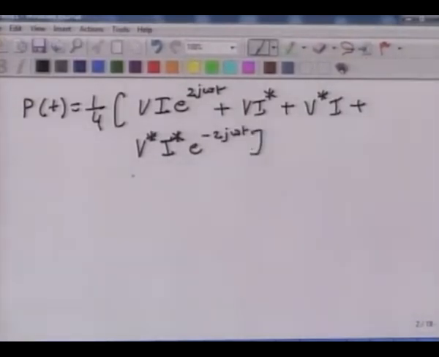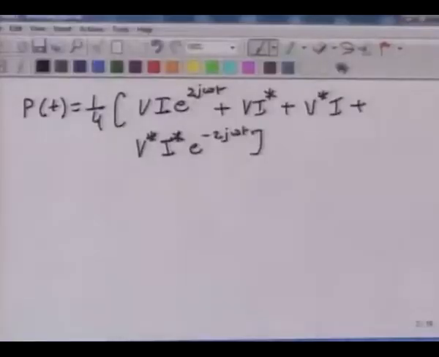If I expand V I star and V star I and add them up, essentially what we will find is that the real portion of V I star is the same as the real portion of V star I, and the imaginary components are negative of each other, so they cancel out.